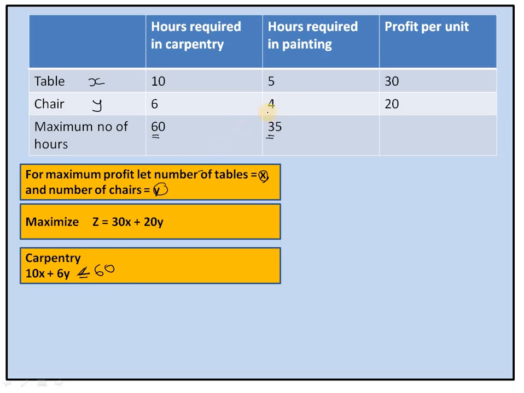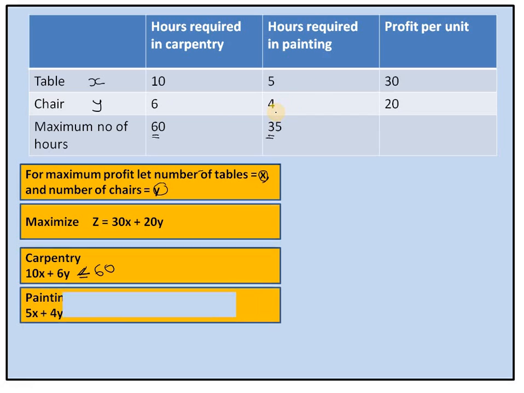Similarly, if I go to painting, for X tables I have to spend 5X hours in painting, and for Y chairs I have to spend 4Y hours in painting. So how much time I have to spend in painting? 5X plus 4Y, and this should be less than or equal to, मेरे को पेंटिंग में कितना आवर्स है मैक्सिमम? 35.